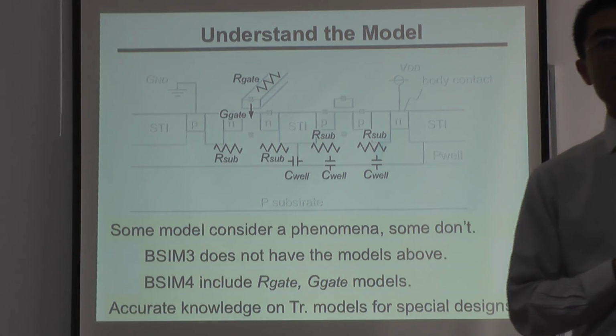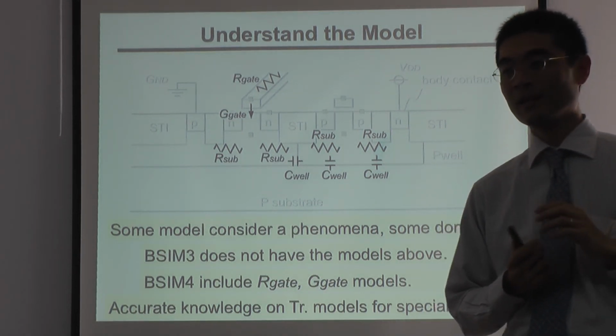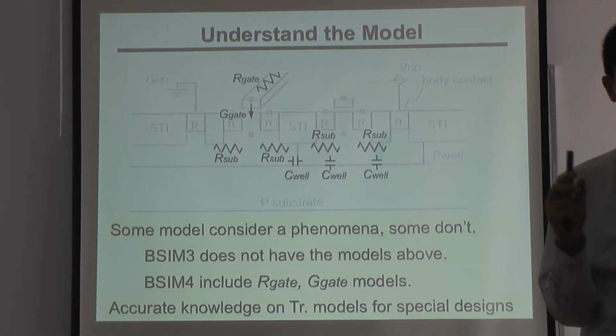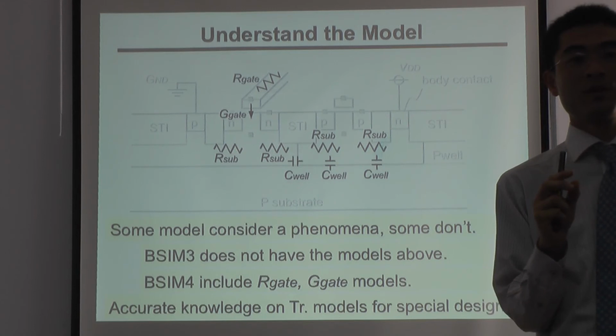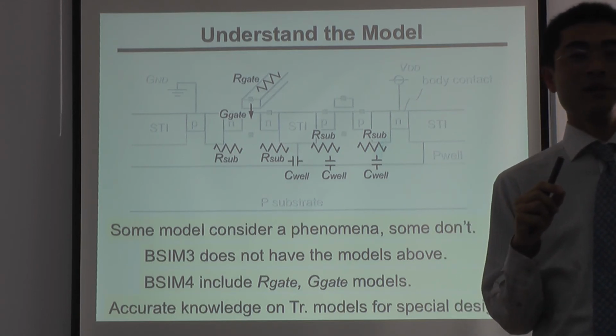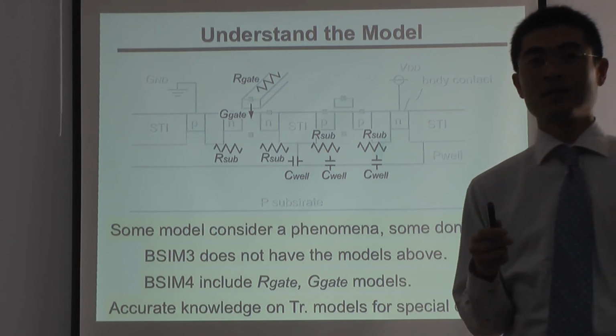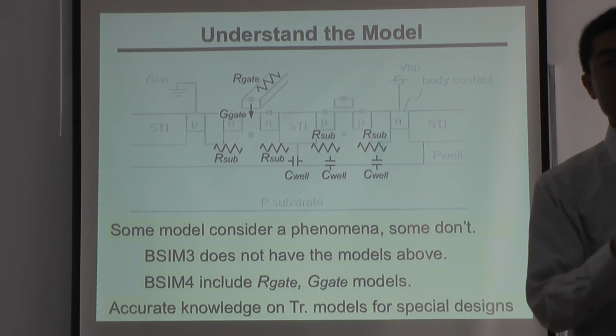I'm not familiar with the detail, but the main physical phenomena is different for above 100 nanometer and below 100 nanometers. We have many leaks, and many kinds of resistance, and the ID curve is a little bit different.